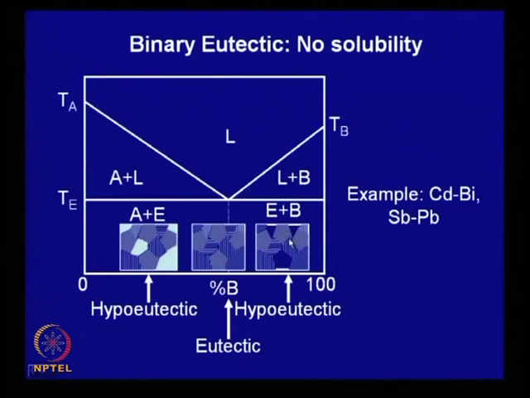Now, using thermodynamics, it is also possible to calculate, if we take the case of cadmium-bismuth, the melting points of cadmium and bismuth are known, and the latent heats of fusion of cadmium and bismuth are known. In that case, if we assume that the liquid is an ideal solution, it is possible to calculate from these thermodynamic data, that means melting point and heat of fusion, the eutectic temperature and eutectic composition.